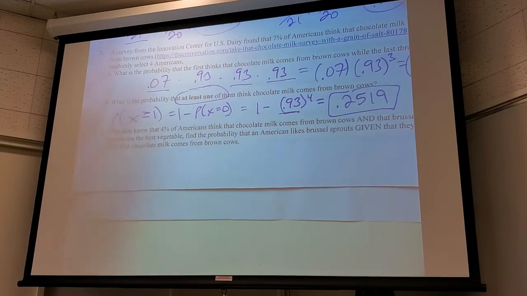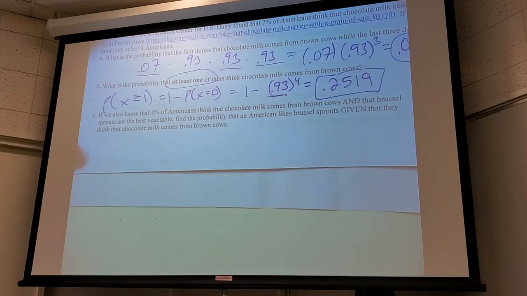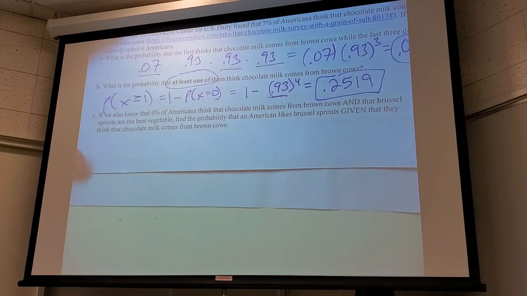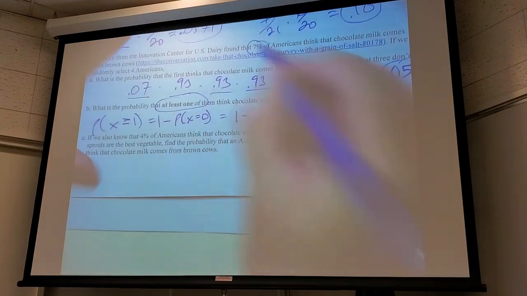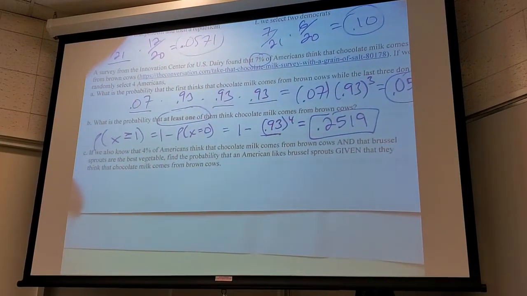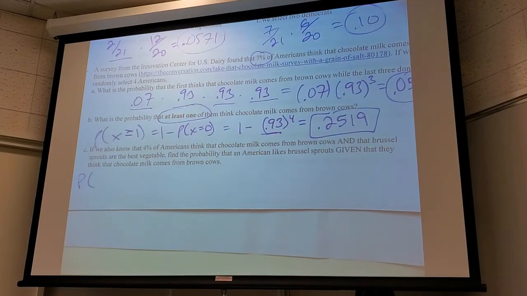And then the last question is going to be weird. Let's pick a symbol for this number. Let's not use A or B. What makes sense? The probability of what?